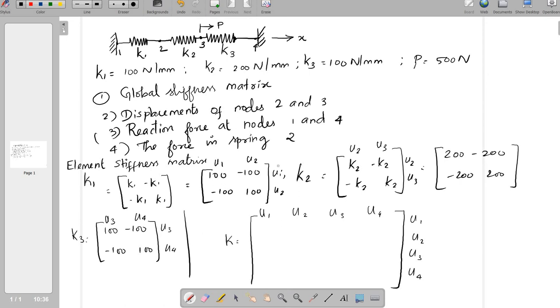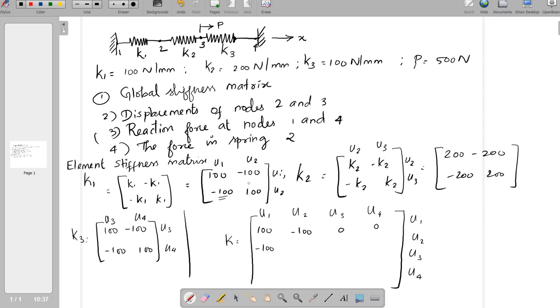There is no other matrix having U1 value. So it is 100. Then U2, U1 is minus 100. U3, U1 there is no connection. U4, U1 there is no connection. Then U1, U2: in the first matrix we get the intersection of the U1 column and U2 row. So it is minus 100.